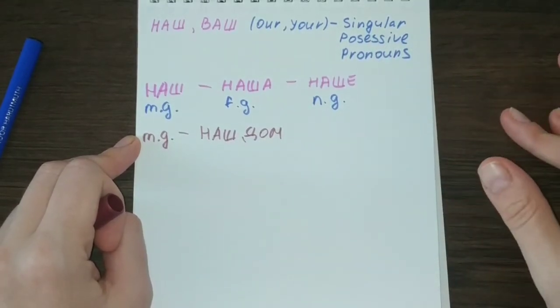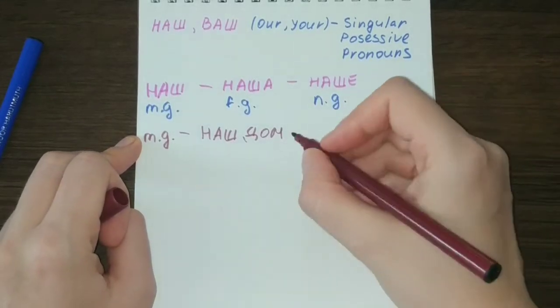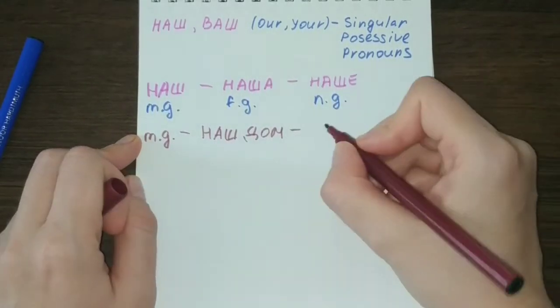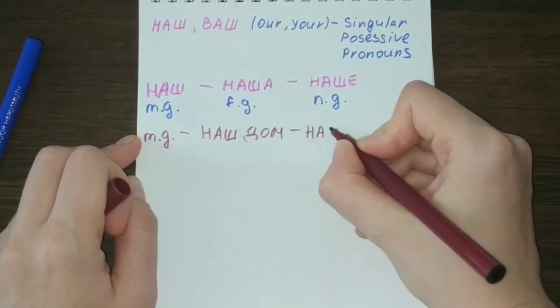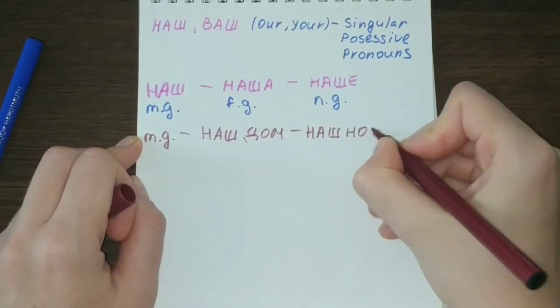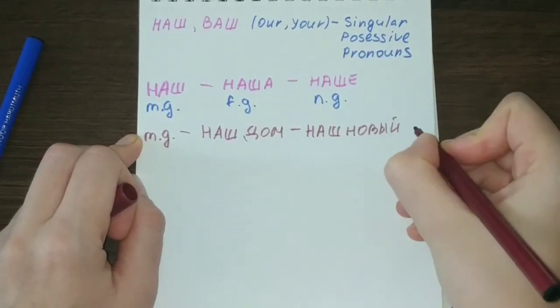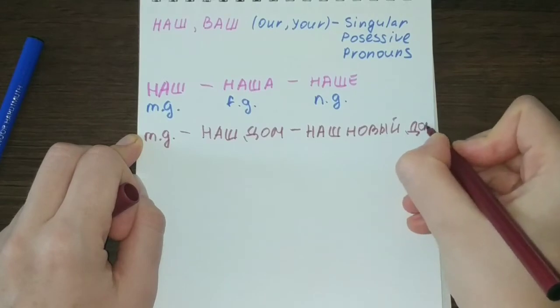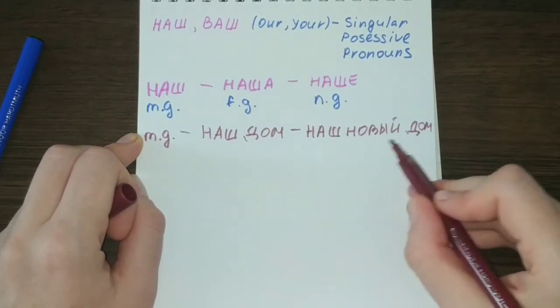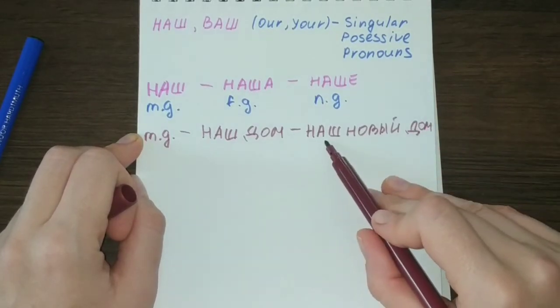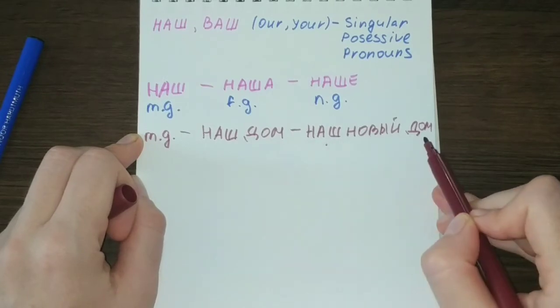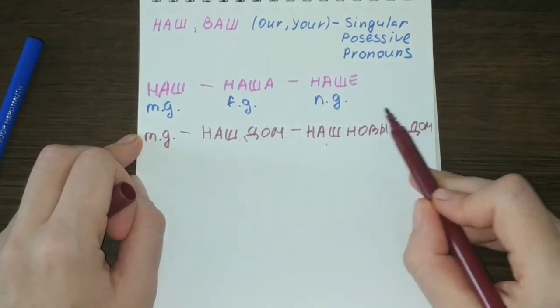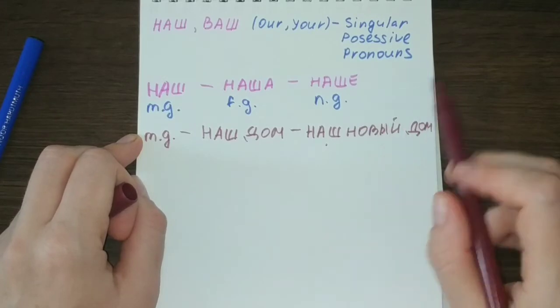So наш дом, meaning our house, or you can use it with an adjective also. Let's say наш новый дом, our new house. So you can see the possessive pronoun, adjective, and the noun are all of the masculine gender. So that is very important.